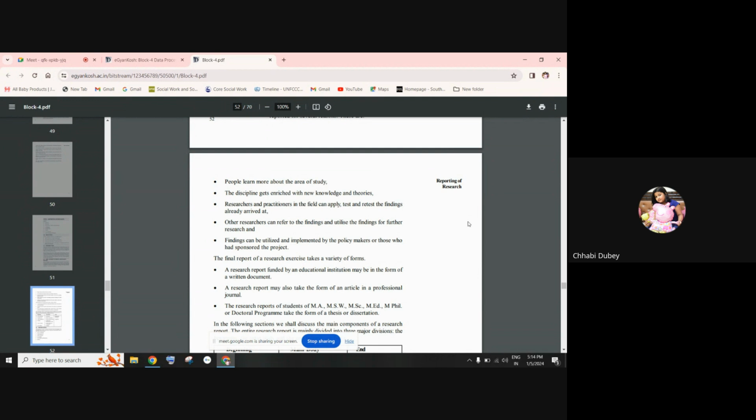It can take the form of a thesis or dissertation. So there are three forms in which a research report can take place: either a written document, an article, or a thesis or a dissertation.